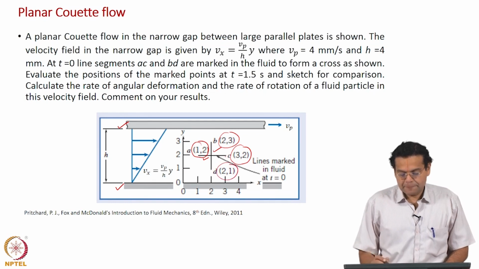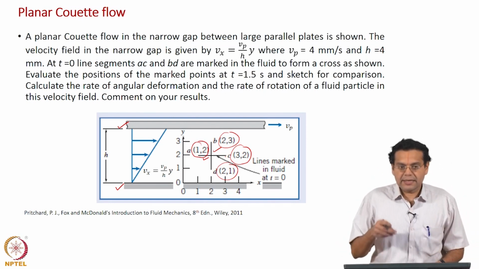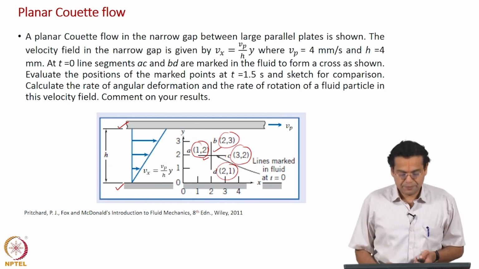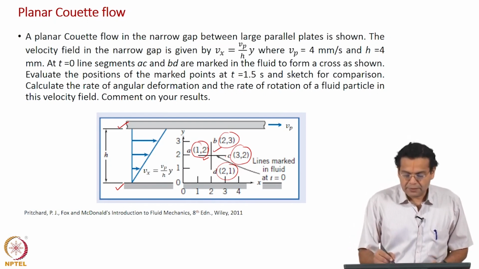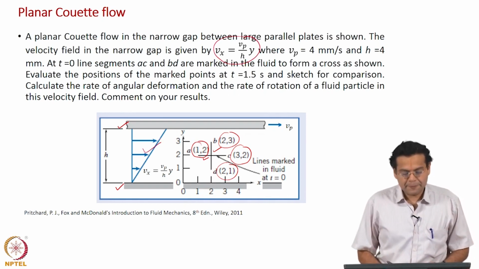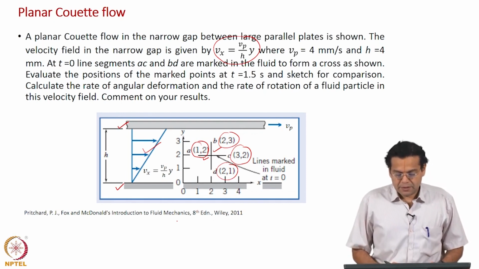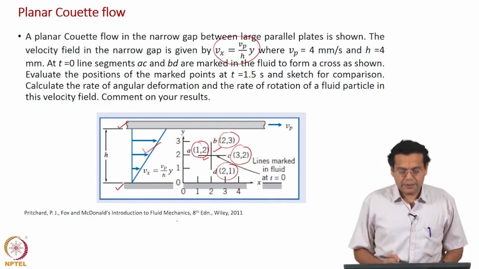Of course, the x coordinate is the same and differs in the y coordinate. What you should imagine is as if you have a colored dye marking this line at time t equal to 0. And this velocity profile is linear, shown here, varying from 0 at the bottom plate to the velocity of Vp at the top plate.